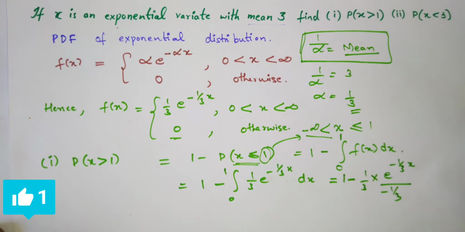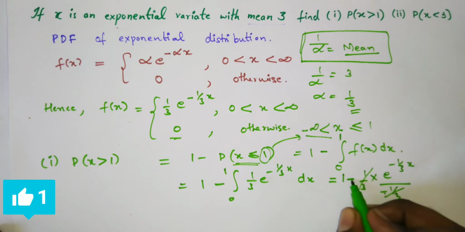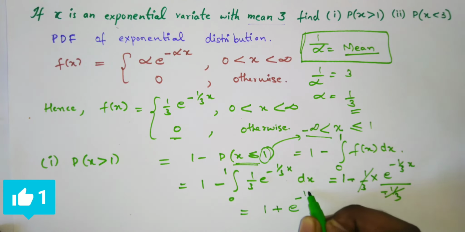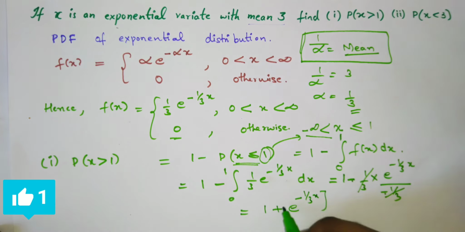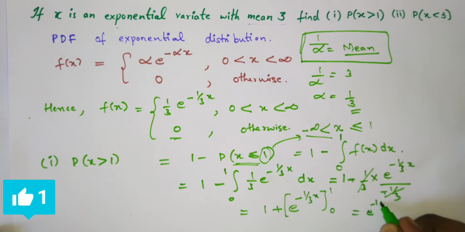These two terms cancel, minus into minus becomes plus, so I can write 1 plus e power minus 1 by 3 x with limits 0 to 1. Taking the limits, I get the answer e power minus 1 by 3.